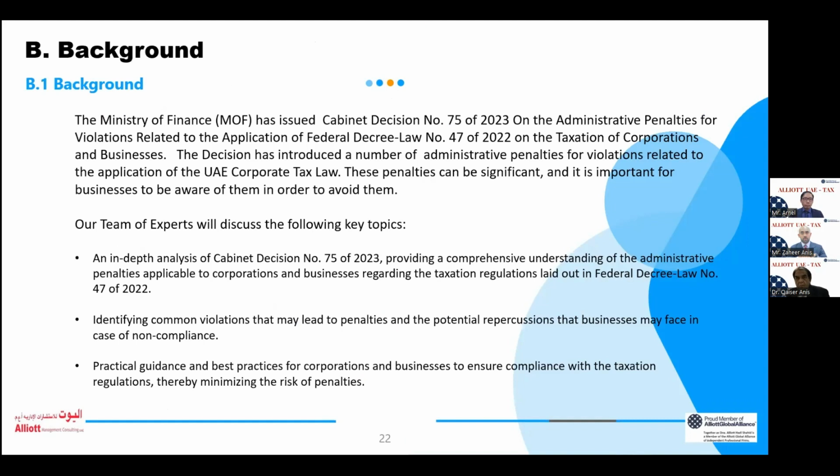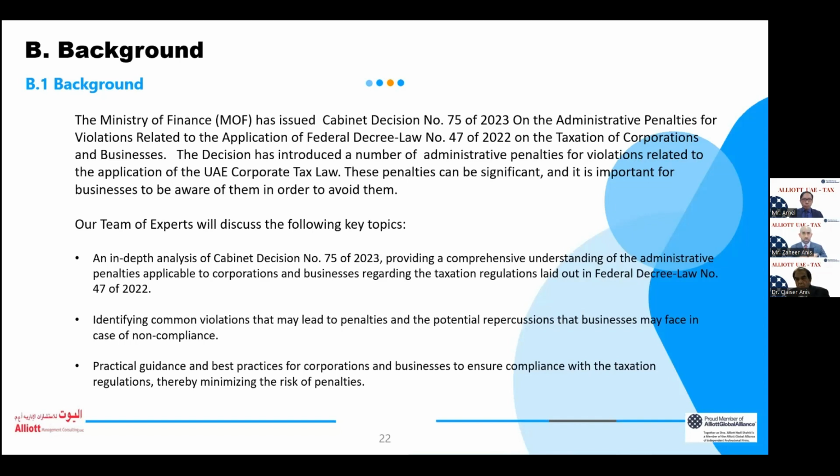So, giving you some background on this subject: Cabinet Decision number 75 applies to Federal Decree-Law number 47, which is the corporate tax law that came in in 2022. This Cabinet decision discusses a number of administrative penalties and violations on the application of the UAE corporate tax law.